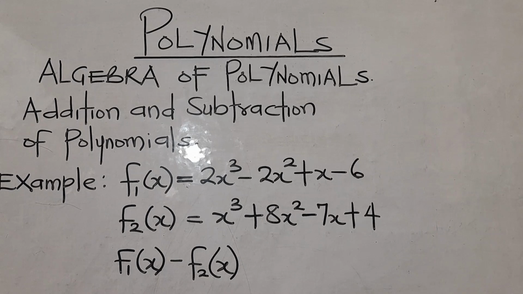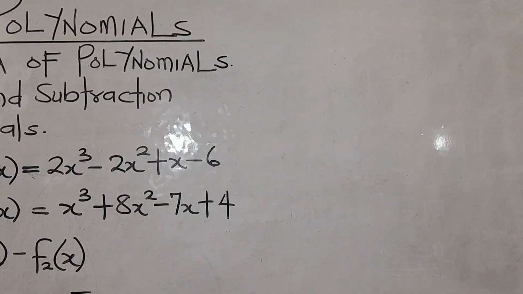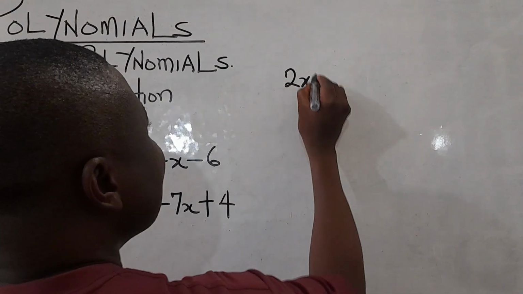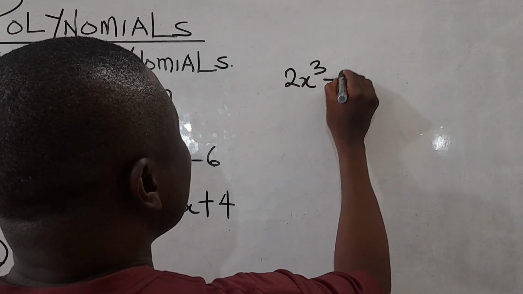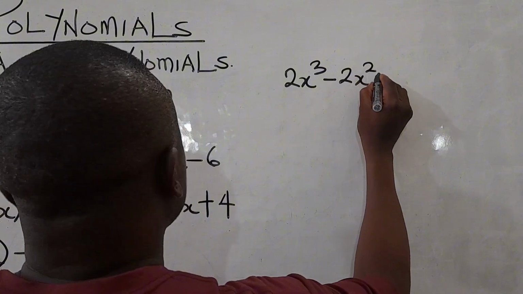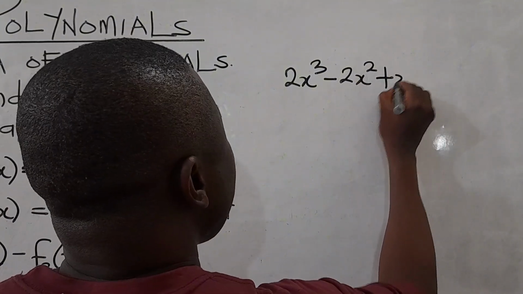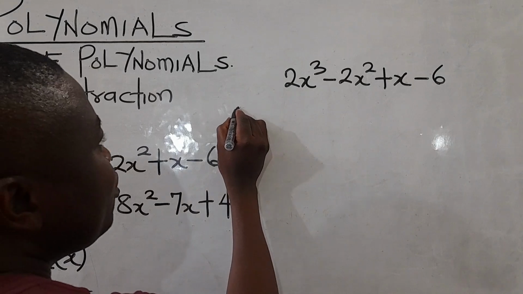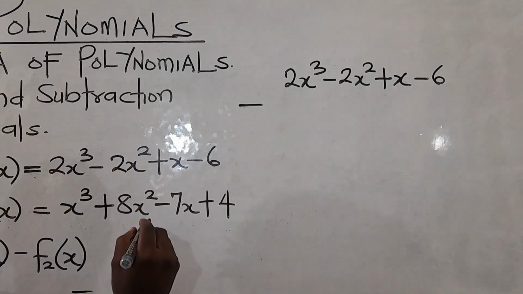We're going to come to the other part of our board. So we have f1 of x minus f2 of x. You just write it down. f1 of x is 2x cubed minus 2x squared plus x minus 6. You put your minus.